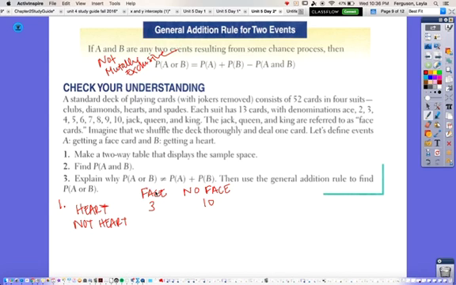If you're thinking about your face cards in general, because there are 4 different suits, clubs, diamonds, hearts, and spades, then that would mean there were 12 different face cards, because each of those has 3 face cards. So if we know that there are 3 that are face cards that are hearts, then there are 9 that are face cards that are not hearts.